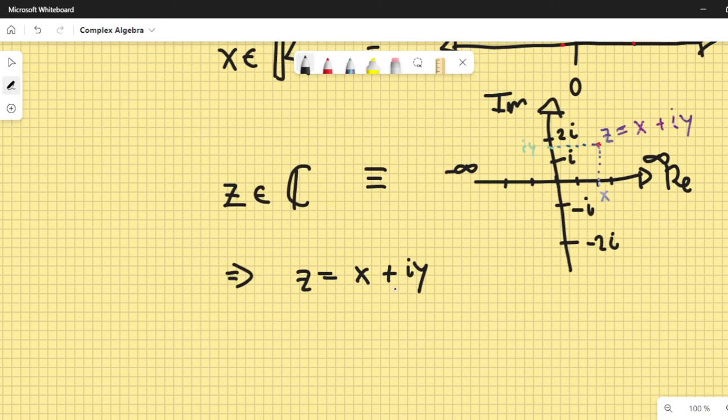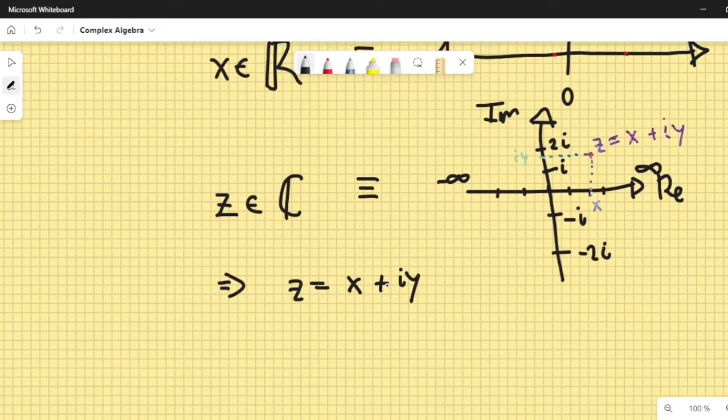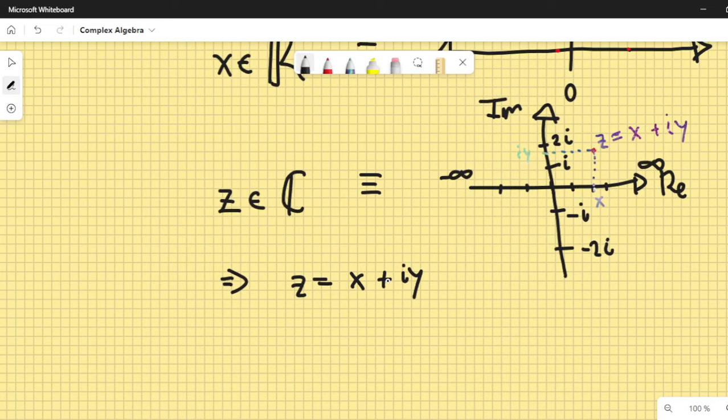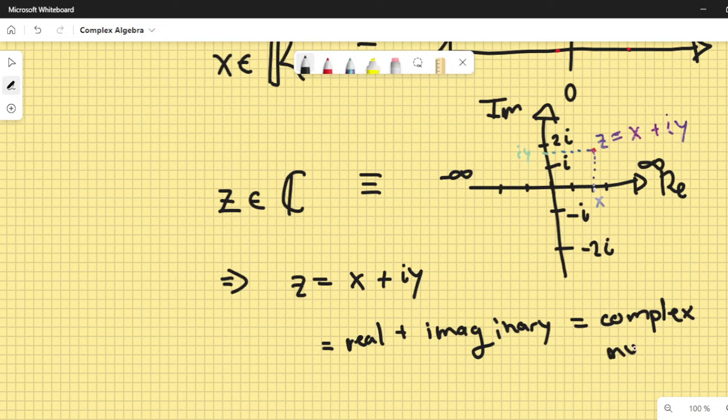Okay, which is the famous and most common way we express a complex number. You may think of it as the sum of a real number plus an imaginary number. Okay, so this is a complex number.